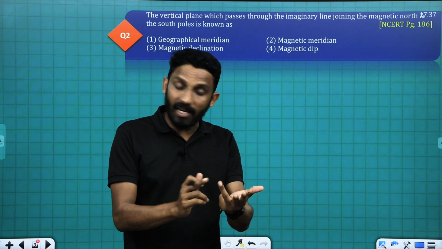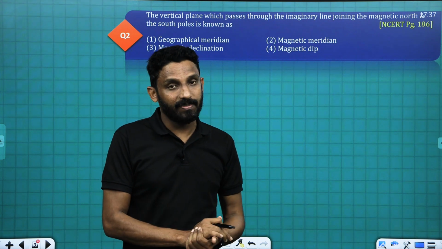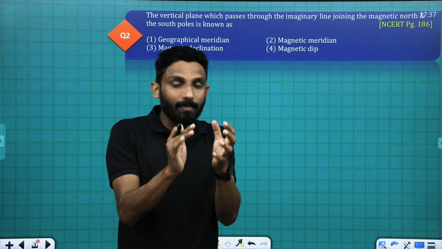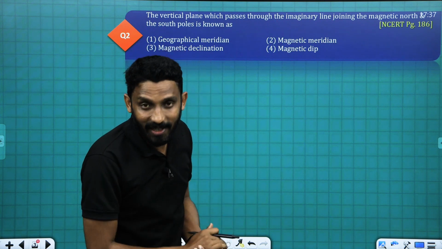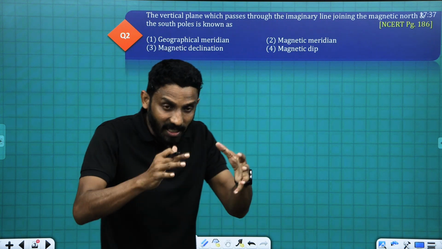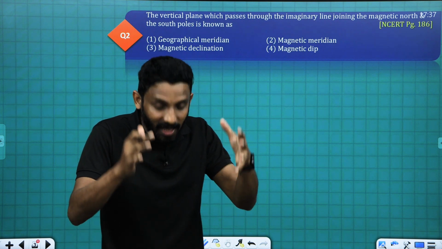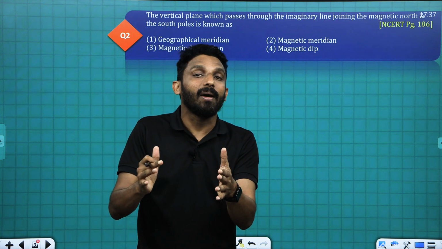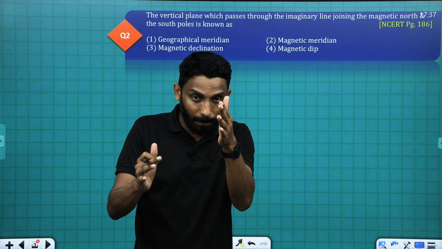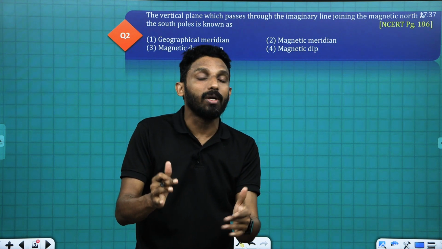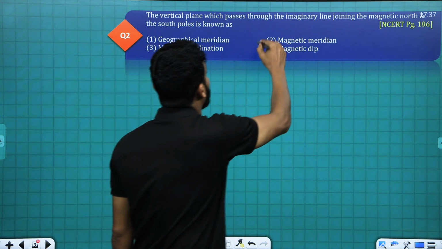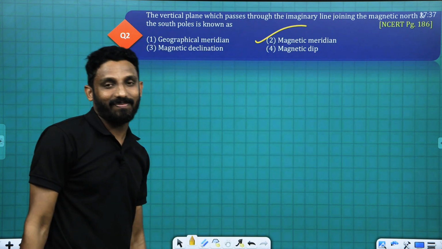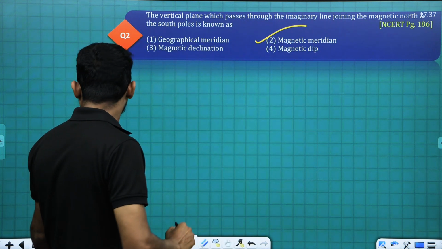Inclination and declination are angles, and to define them we need the magnetic meridian and the geographic meridian. The magnetic meridian at a place is the imaginary vertical plane passing through the place and also through the magnetic axis of the earth. Very direct question. The next one.